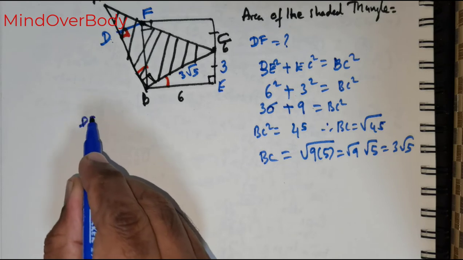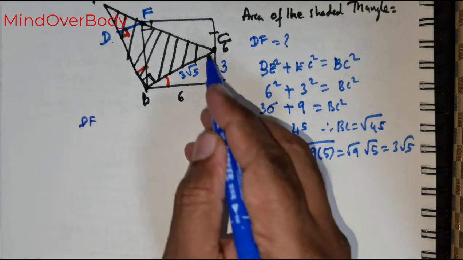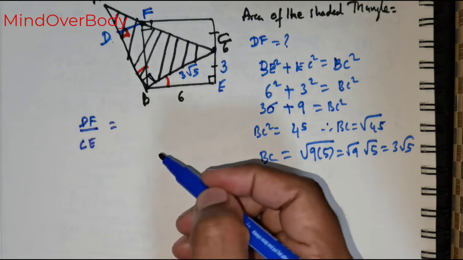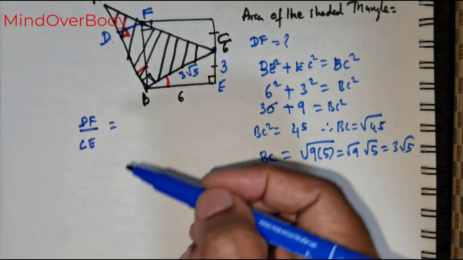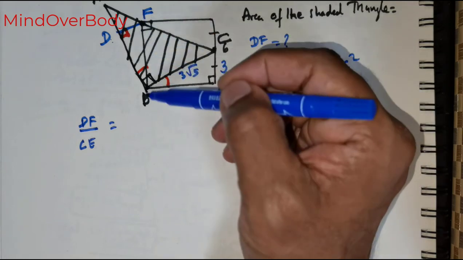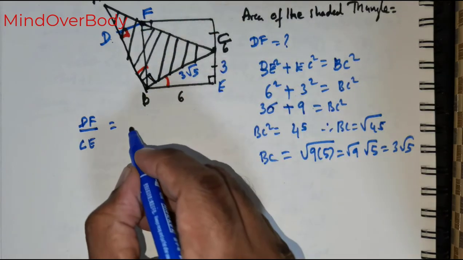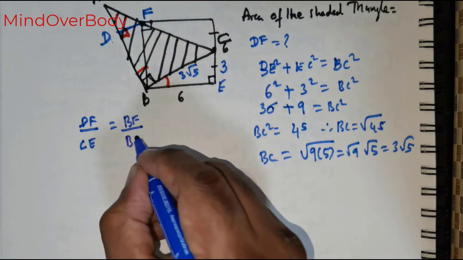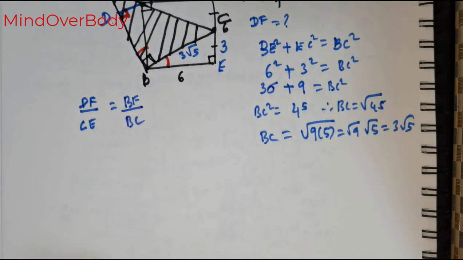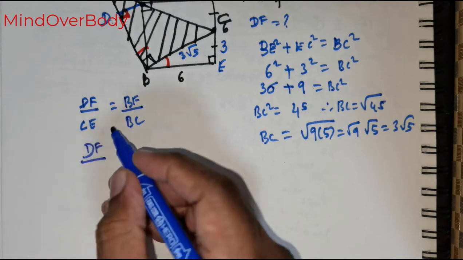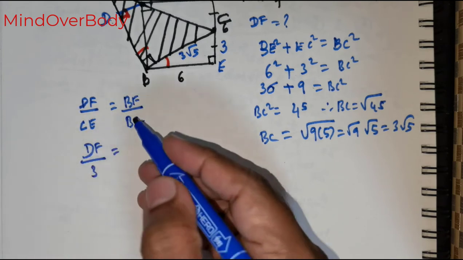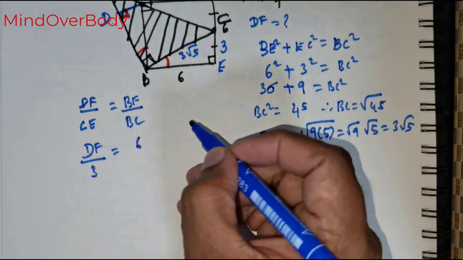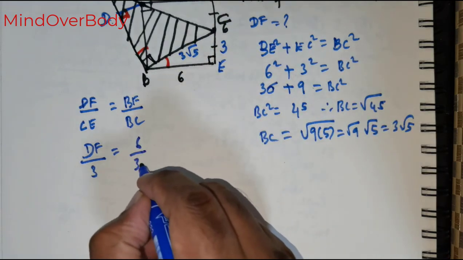I can write DF over this side CE is equal to the hypotenuse side comparison. So the hypotenuse comparison is BF divided by BC, right? So DF is needed. I got CE, which is 3, and BF, the sides of the square is 6 units, so 6 and my BC is 3 times root 5.